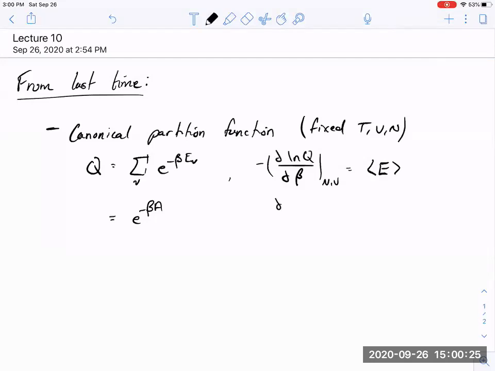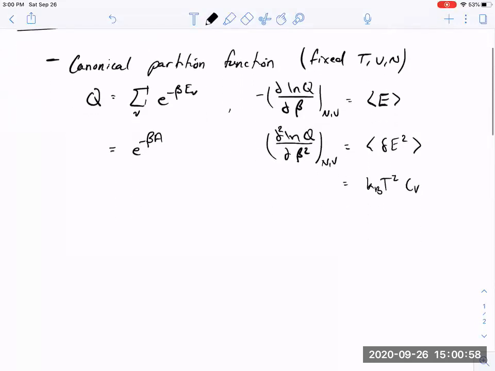If we could evaluate two derivatives, we would get a sense of the scale of fluctuations of that energy, and thus have access to the heat capacity of the system. All right. So those are all properties embedded in the partition function. We just need to develop strategies to compute it.